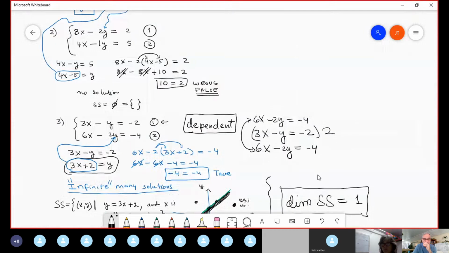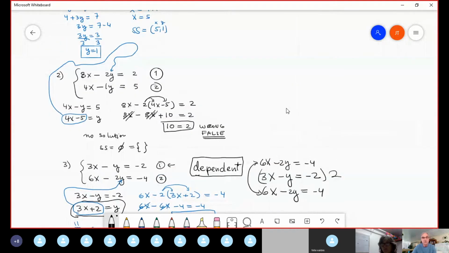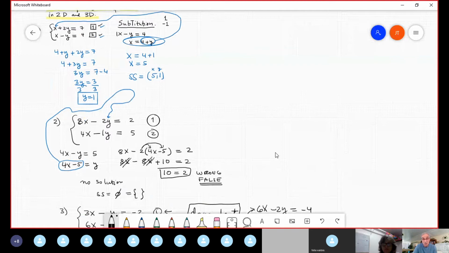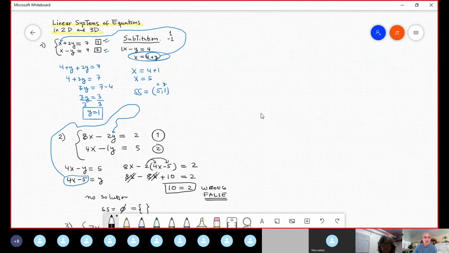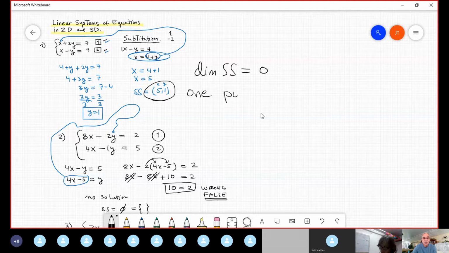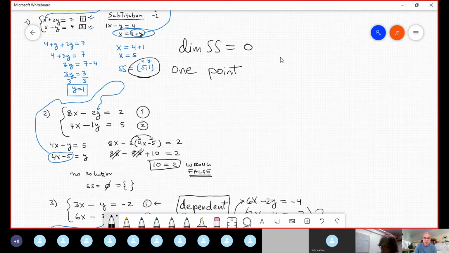In the first example, look at that. In the second example, we have no solution. So it makes no sense to talk about the dimension of the solution set because we have the empty solution set. However, in example number 1, the dimension of the solution set is 0 because we have just a point, 1 point. 1 point has no dimension. In this case, one line, yes, one line has dimension 1.